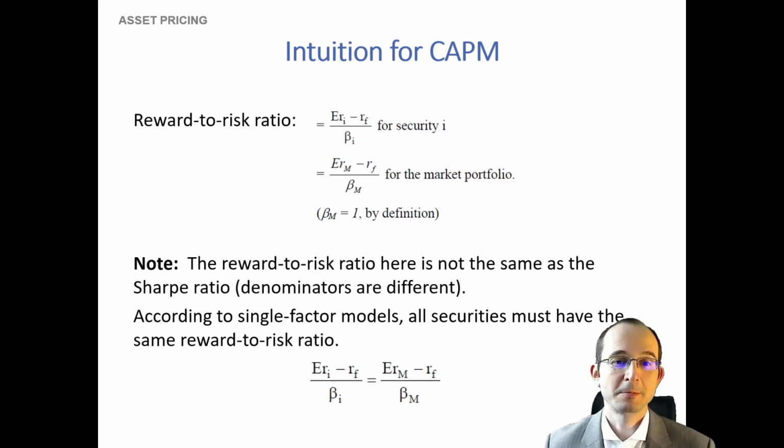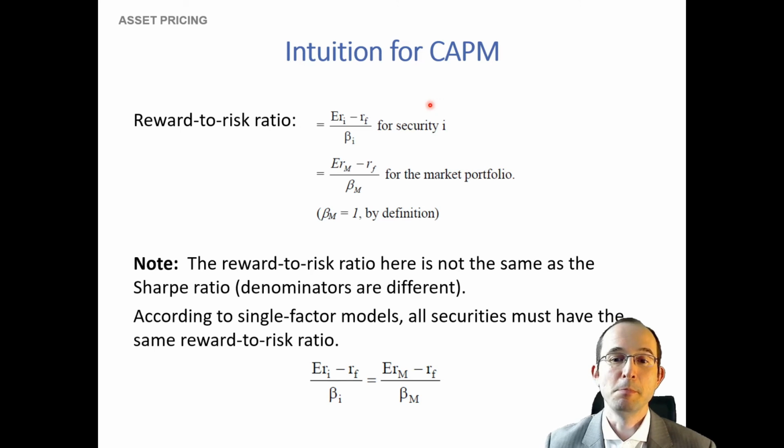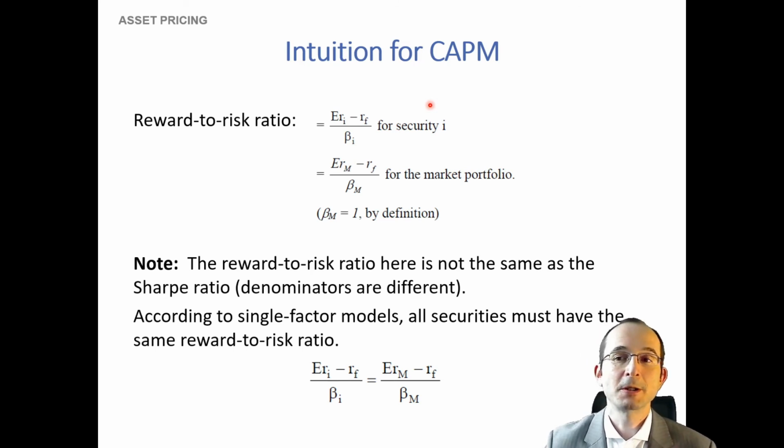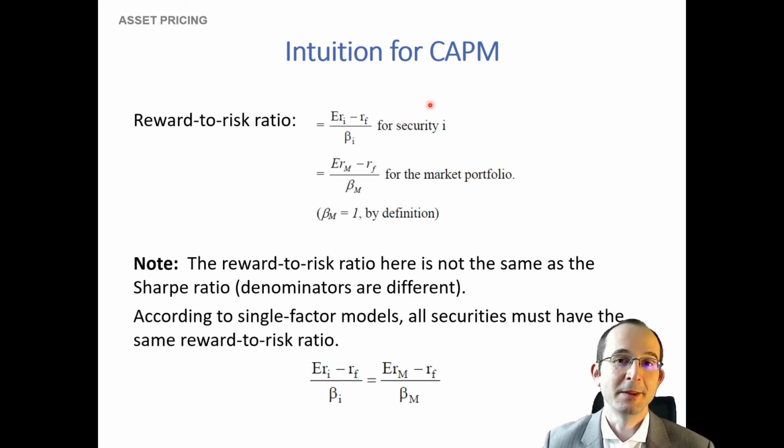In other words, an argument based on the reward to risk ratio. When we talked about the index model, we made an allusion to the idea that the reward to risk ratio should be the same for all assets. In other words, the expected return should be proportional to the covariance between the asset and the macro risk factor.